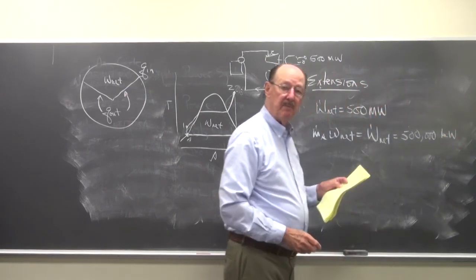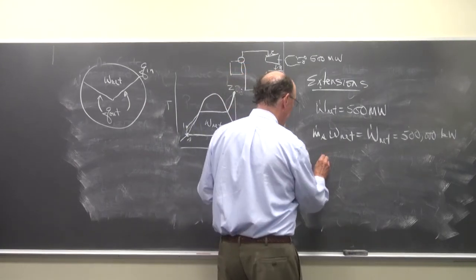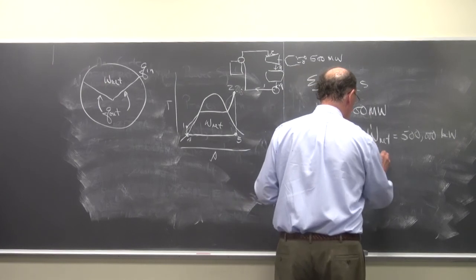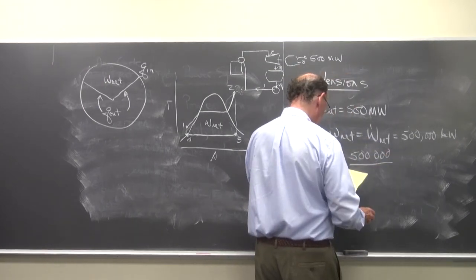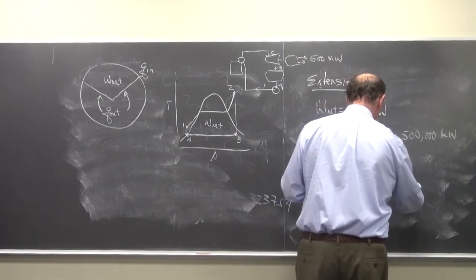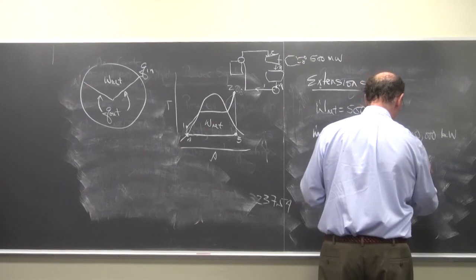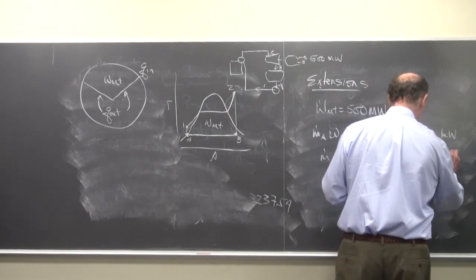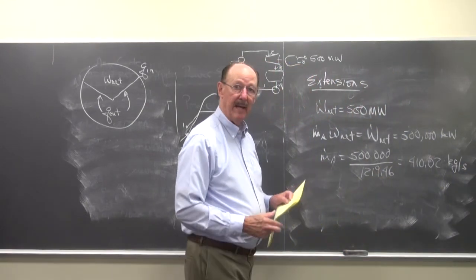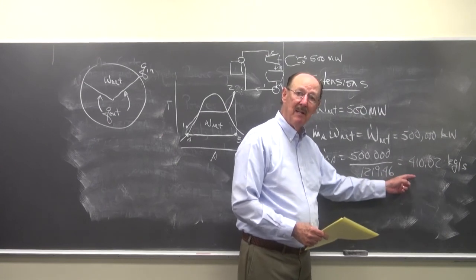So we're going to be in kilowatts, kilograms per second, etc. Now we have m dot s equal to 500,000 divided by w net, which is 1219.46, which is 410.02 kilograms per second. This gives us the mass flow rate for the system.